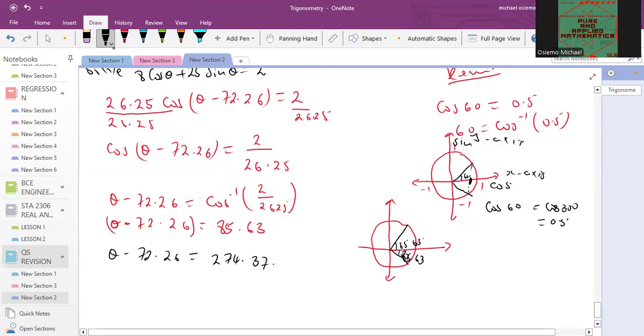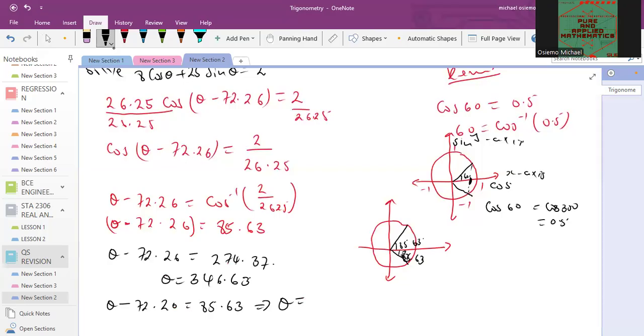So in this case, theta will be equal to 274.37 plus 72.26, which will be equal to 346.63. And also, if theta minus 72.26 is equal to 85.63, then theta is equal to 85.63 plus 72.26, which is 157.89.